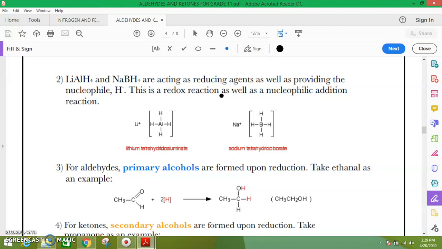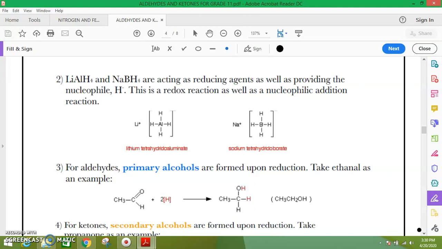This is a redox reaction as well as a nucleophilic addition reaction. Why do we call it a redox reaction? Because oxidation and reduction both take place here. So this is about lithium aluminum hydride, and this is about sodium borohydride.